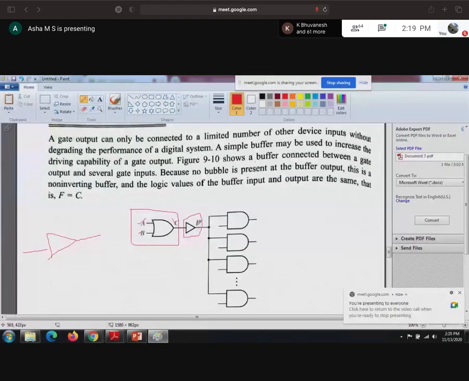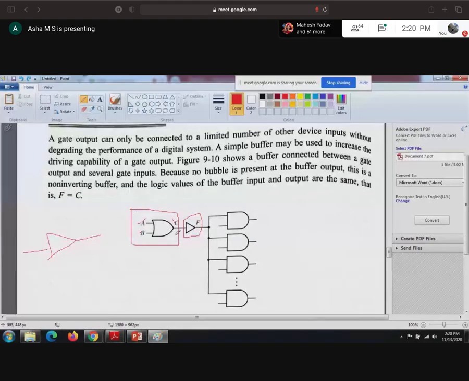Here there is no bubble, so this is your buffer. If there is a bubble here, then we call it an inverted buffer. Actually, it looks like a NOT gate only. When we use it as a buffer, it's not a NOT gate, it's a buffer only, but the output will be inverted. So what is the input and output of this buffer?